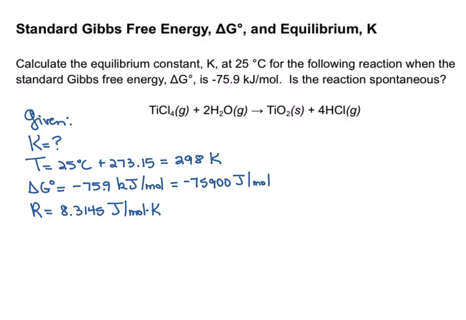Okay, I've got all my given, and now I'm going to plug into the formula for standard Gibbs free energy. Delta G equals negative RT times the natural log of K. I'm going to plug in my numbers. I'm going to divide by the coefficient on both sides.